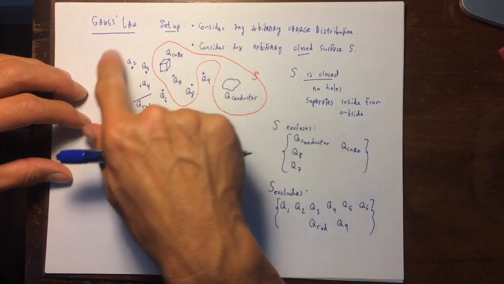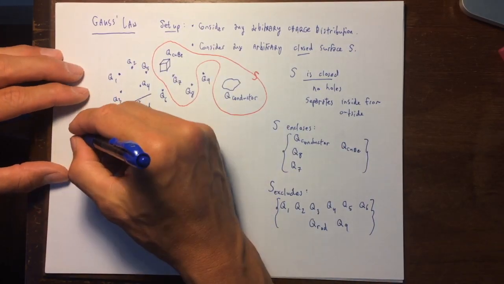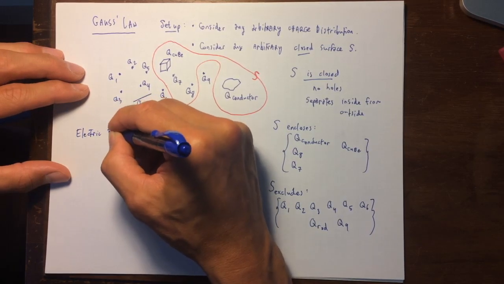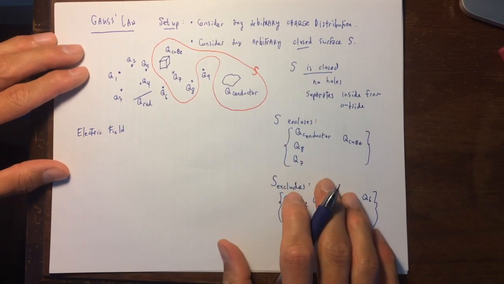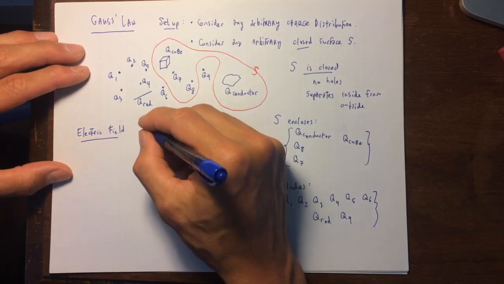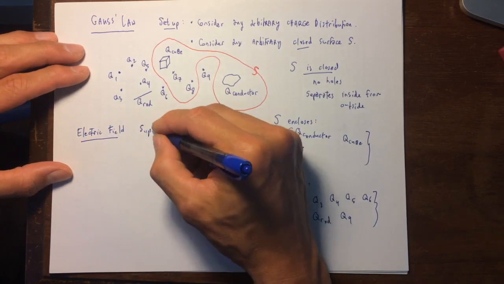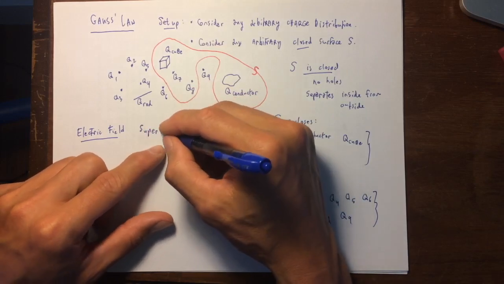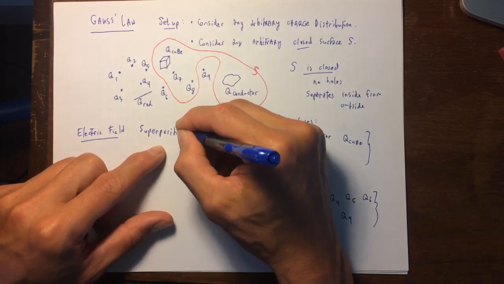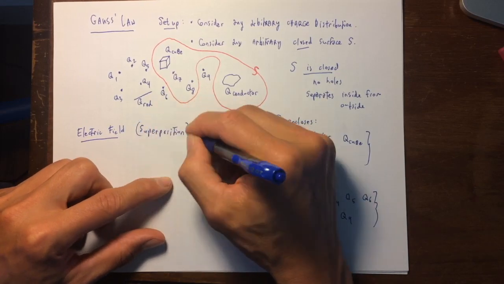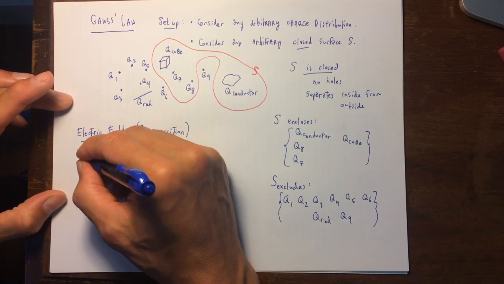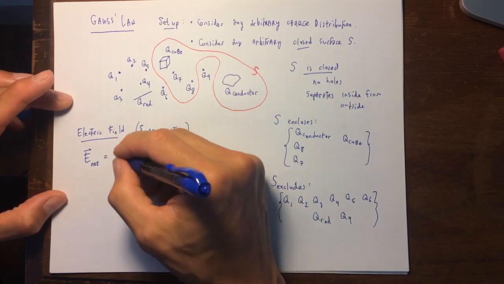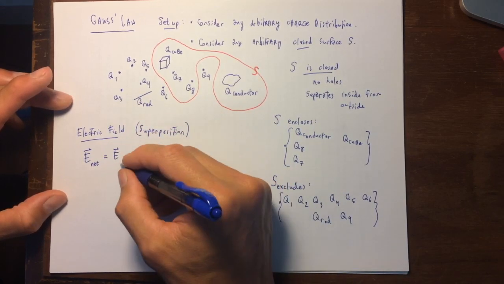So everywhere in this space there is also an electric field, right? And you have to remember that we think of the electric field with the superposition principle, right? So that means that there is a net electric field, and it is equal to just the simple summation.